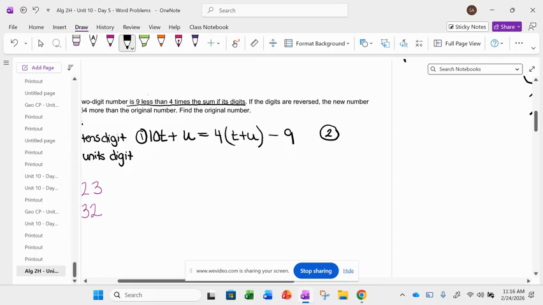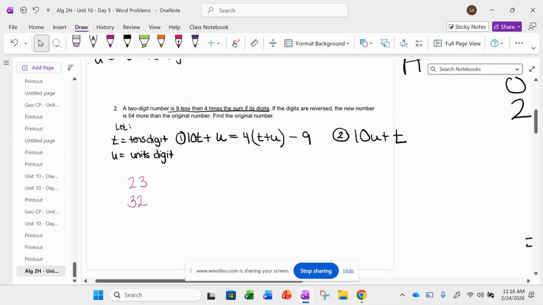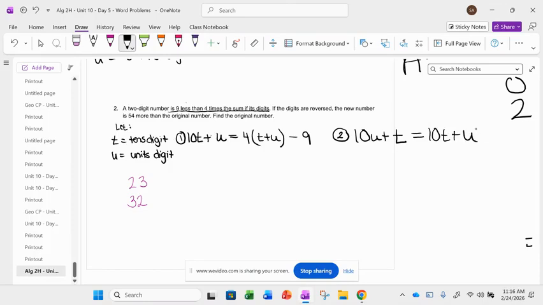Exactly. So my second equation is going to be 10u plus t. If the digits are reversed, 10u plus t, the new number equals 54 more than the original. Well, what was my original? Wasn't my original 10t plus u? But now I'm also adding 54 to that.